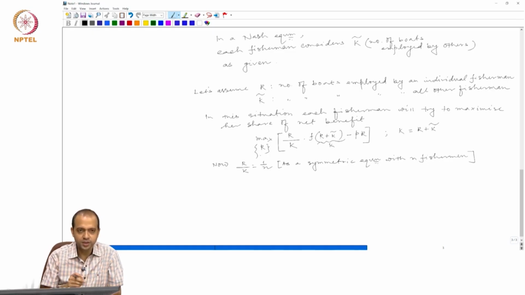So, you can control your fish catching by controlling the number of boats employed. So, you are trying to maximize this, wherein we assume small k by capital K equals 1 by n as a symmetric equation with n fishermen.